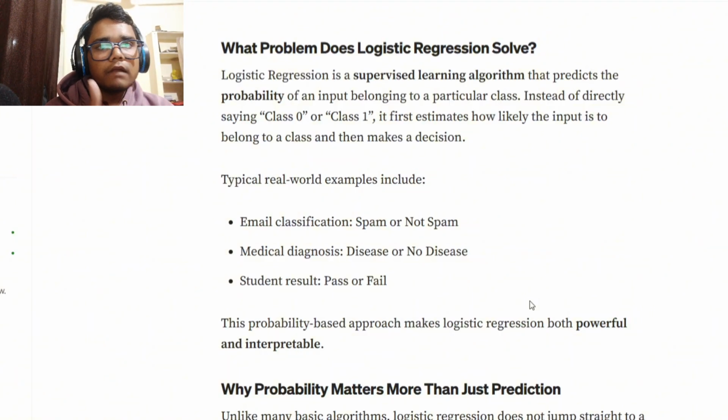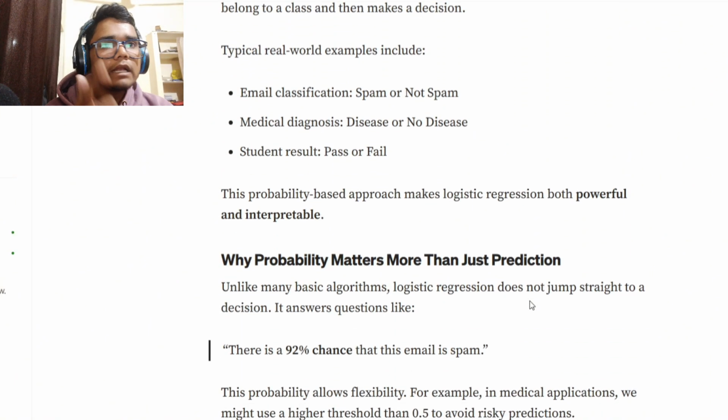Typical real world examples include email classification, spam or not spam, medical diagnosis, disease or no disease, student result pass or fail. This probability based approach makes logistic regression both powerful and interpretable.